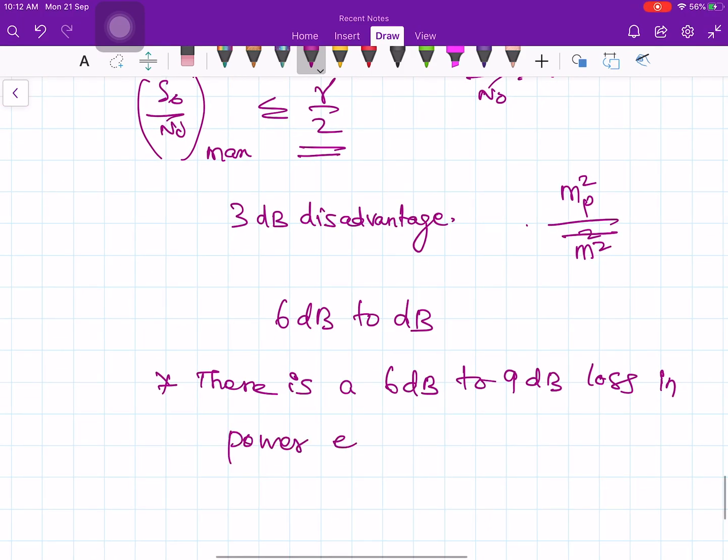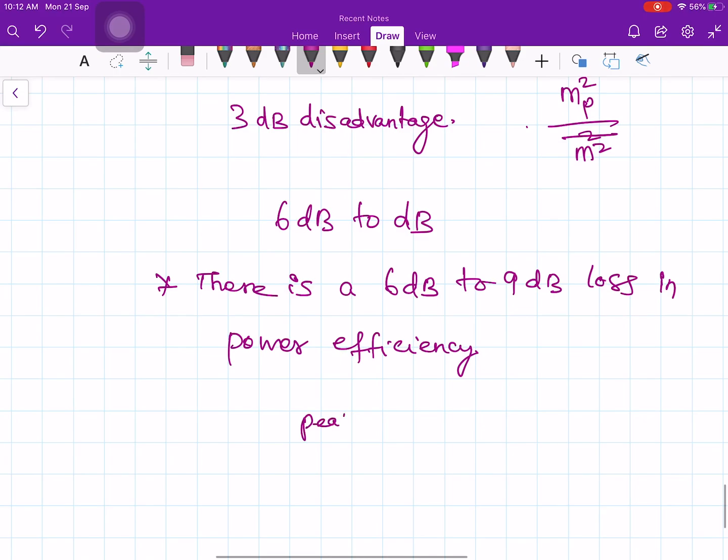This is expected because of the transmission of your carrier. For example, suppose your modulating signal was a sinusoid. Just for the sake of discussion, what is the peak to RMS value for that? Peak to RMS value is root 2.